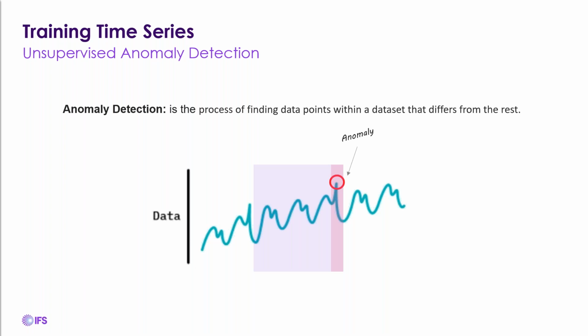Since we don't have a lot of data, or we don't know which data in our data set is an anomaly, we can do unsupervised anomaly detection, meaning that we don't know which data points are anomalies. We're going to be focusing on learning what is normal behavior. Once we know exactly what normal behavior is, we should be able to spot something that's abnormal. So we'll train an algorithm that's capable of understanding normal by providing it only normal data.